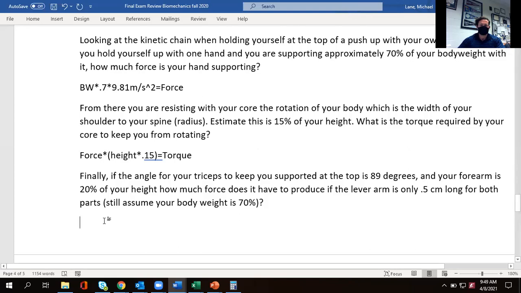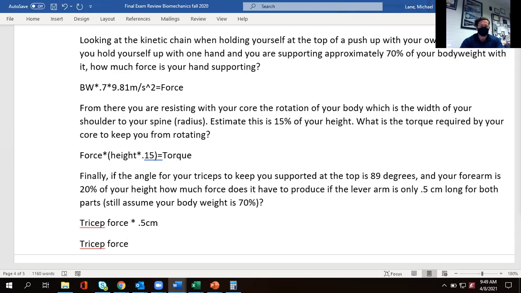So notice we've got the forearm, and we're going to have the lever arm for effectively your triceps. So tricep force is what we're solving for, multiplied by 0.5 centimeters. And remember, we're then going to have to take that tricep force multiplied by the sine of 89 equals the actual force from the triceps.